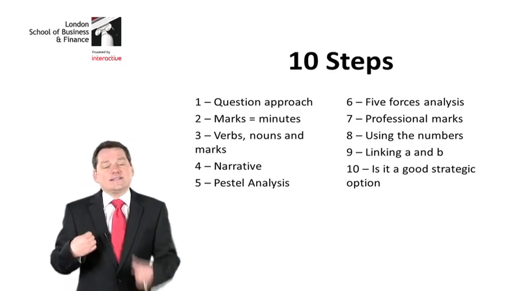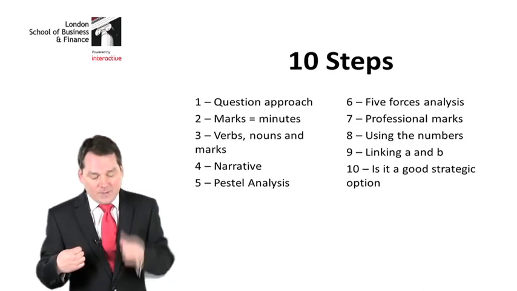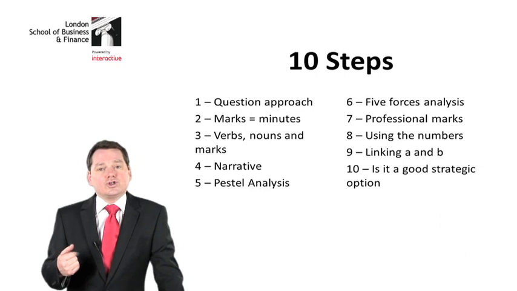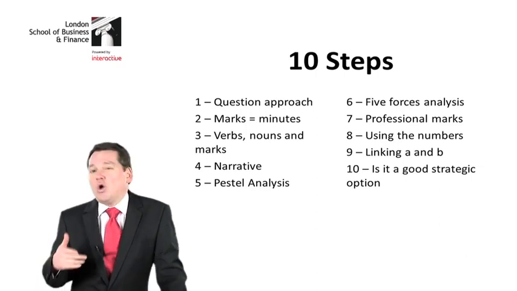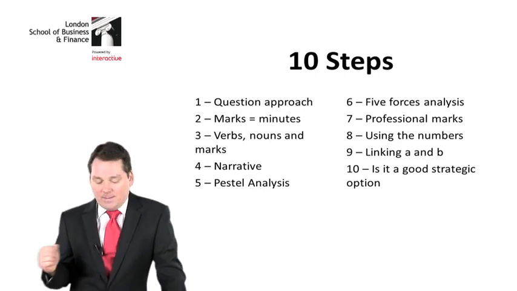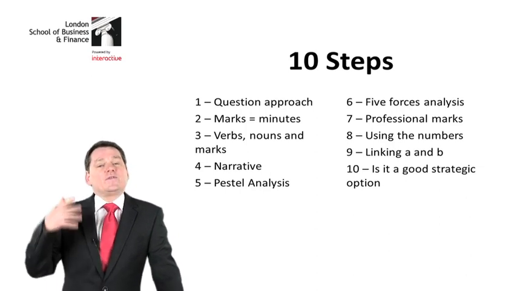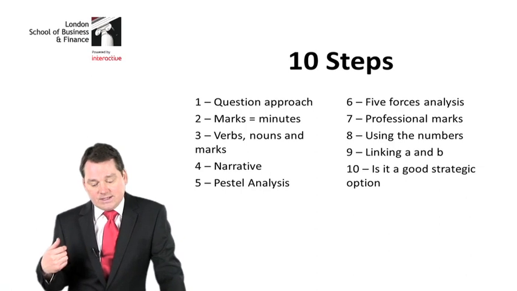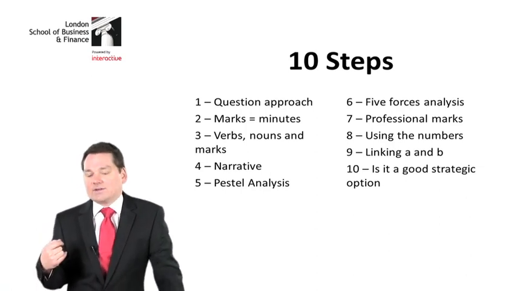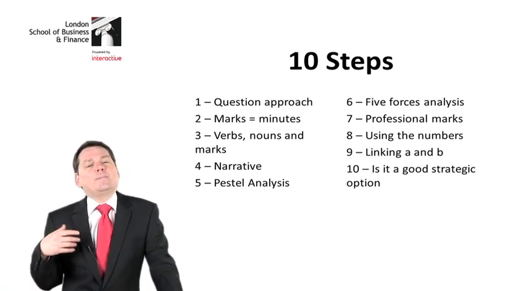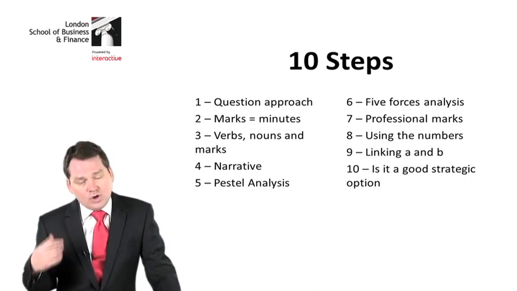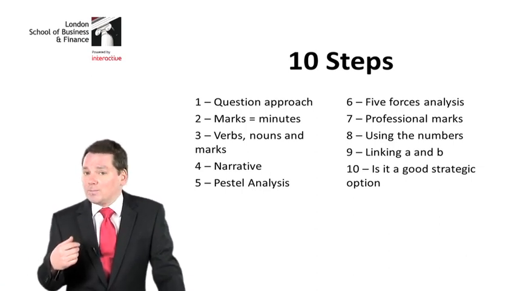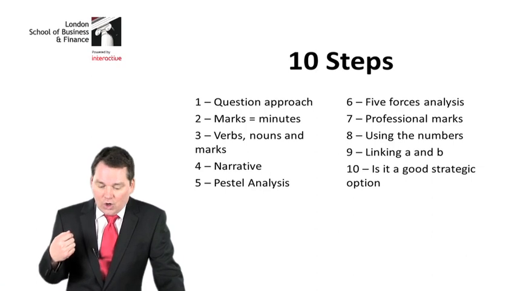So, the 10 steps that we are going to go through, we're going to look at the question approach, how long you should spend, what the words mean in step 3, the narrative, the things that the examiner tells you, and then in steps 5 and 6, what you do with that narrative. Step 7 will be about the professional marks that you usually get in question 1 of the P3 exam.